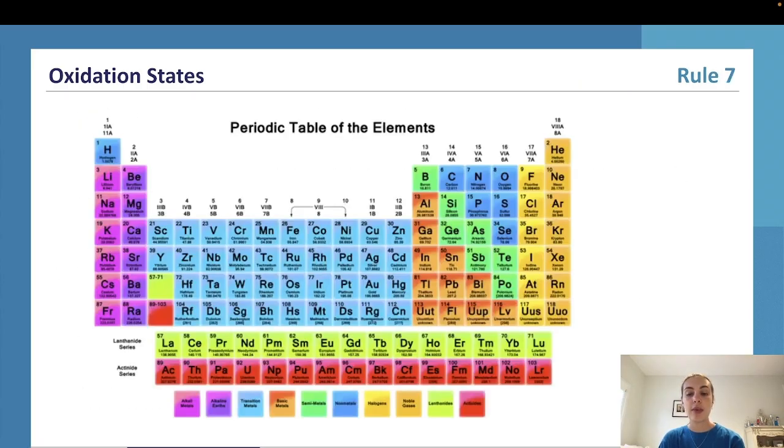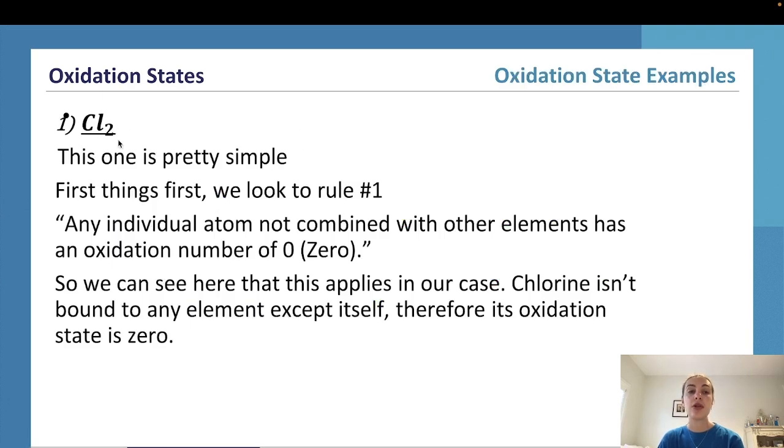So our first example we've got is Cl2. It follows that same general rule, and so we can say that any individual atom not combined with other elements has an oxidation number of 0.